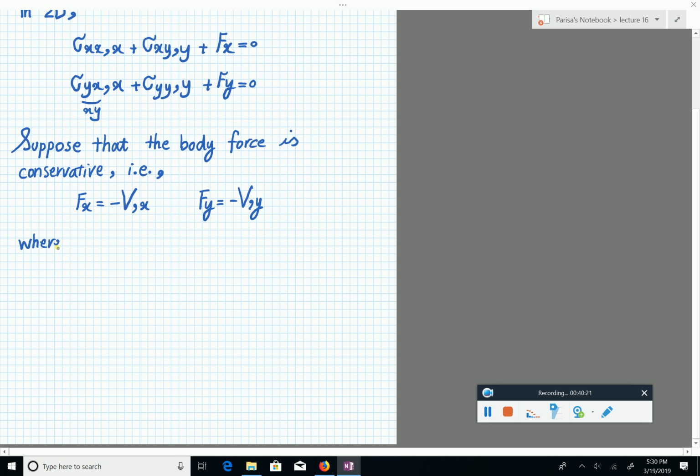So where V is the potential, you can call it energy of it, right? It's a scalar field. Now, if we substitute this above, we can kind of collect the terms, right?